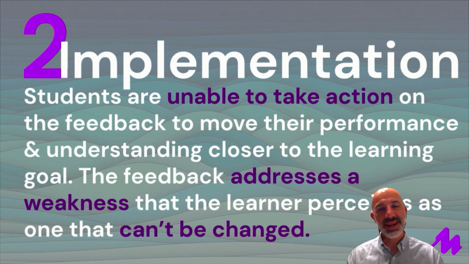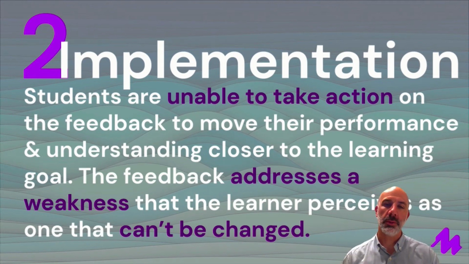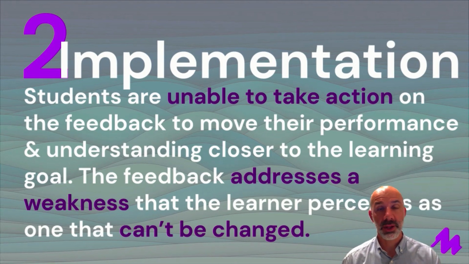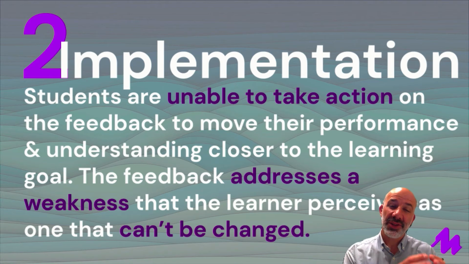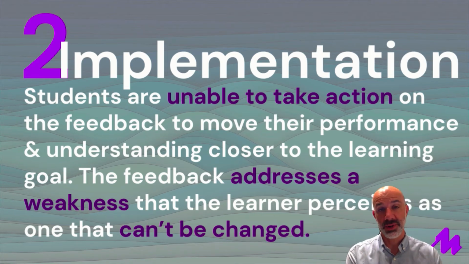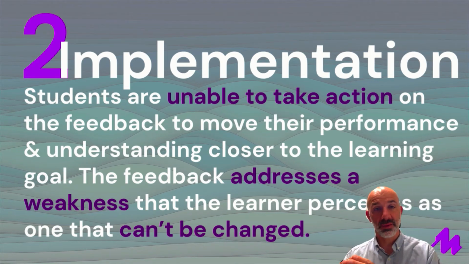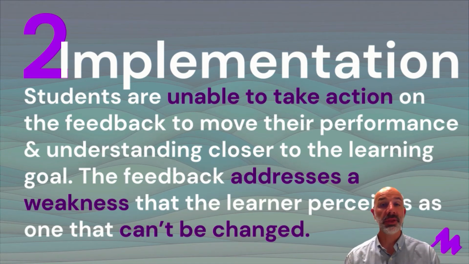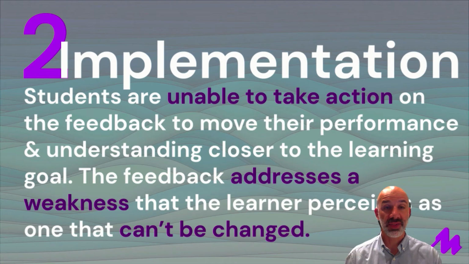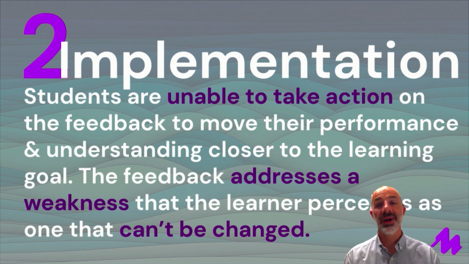So if we go back a layer, we're providing feedback that they simply can't decode, they don't understand the vocabulary or the terminology that we're using, and then we even use that complex language on an aspect of the work or the performance that the student demonstrated, that they feel like they simply don't have the skill set to improve. Now we're creating a huge barrier and a huge obstacle for the student to get closer to that learning target.